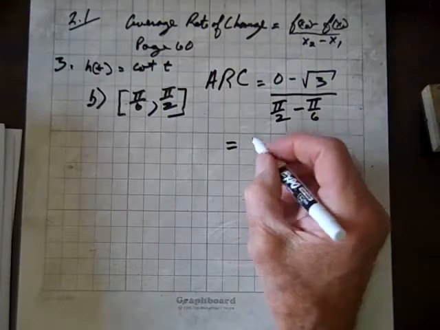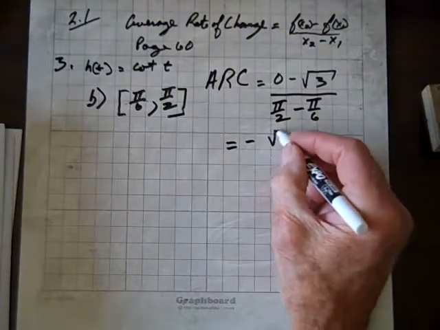So let's simplify that. Upstairs we have a minus √3.